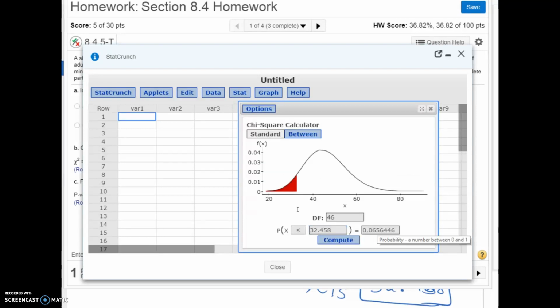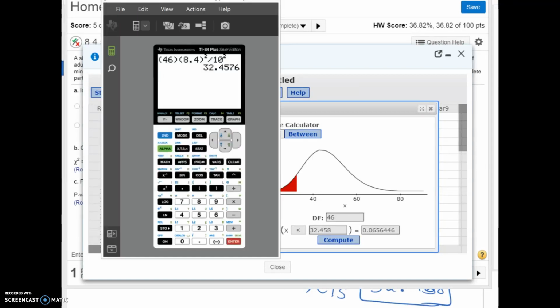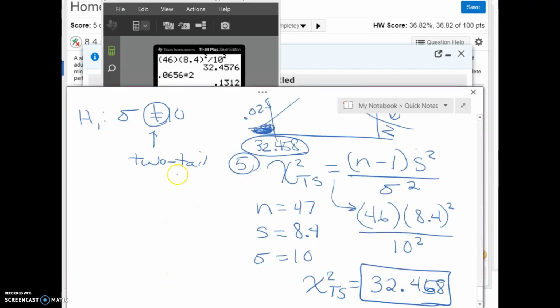That gives me my area on the left, but I'm two-tailed, so I need to double that. So 0.0656 times 2 will give me my p-value. So my p-value is 0.1312. And the reason I doubled it is because I'm two-tailed.